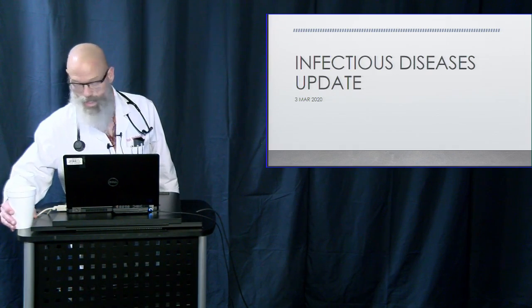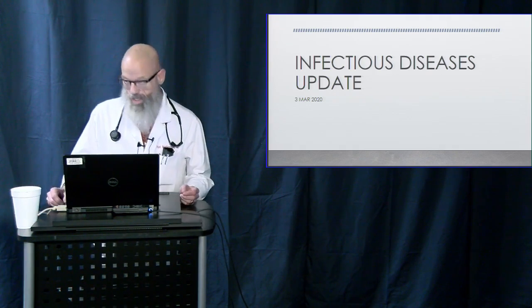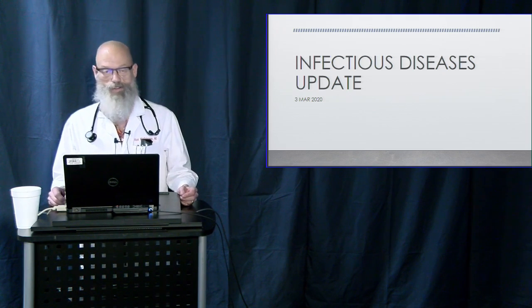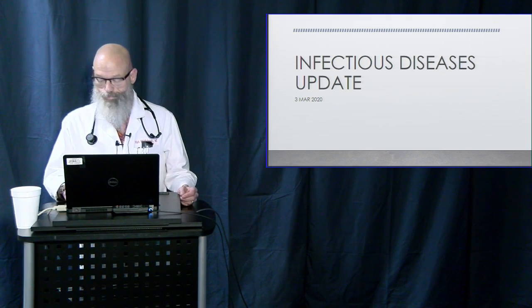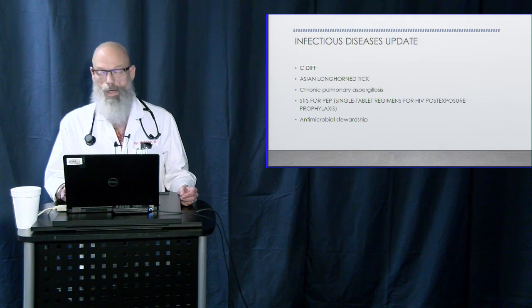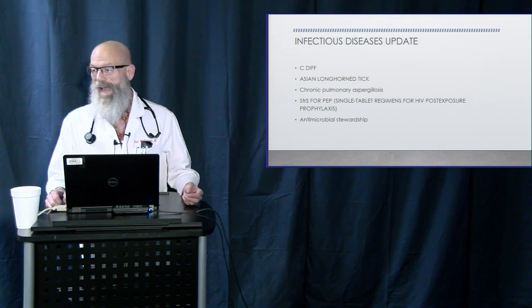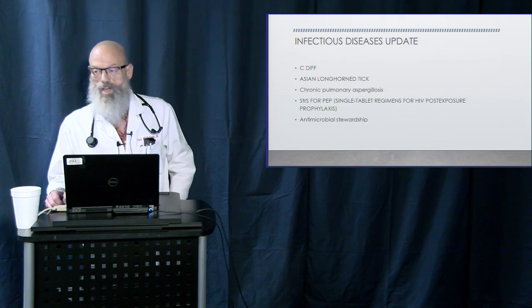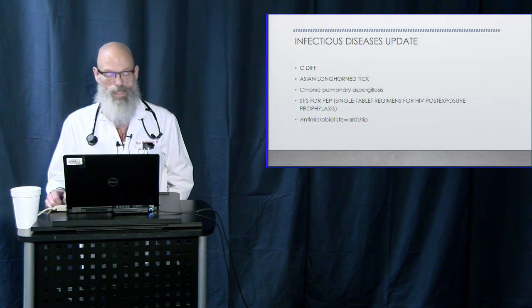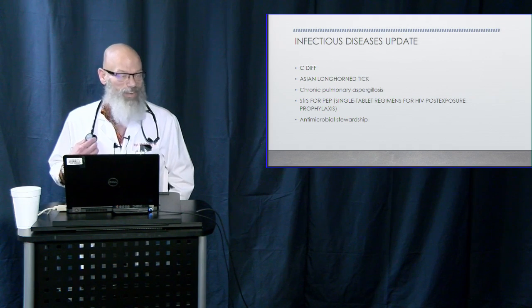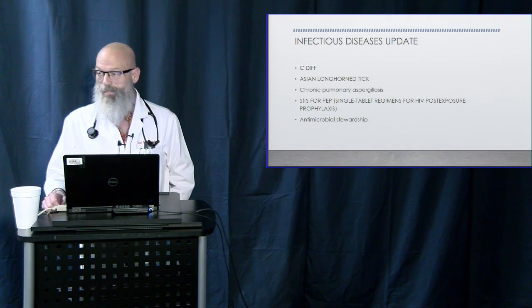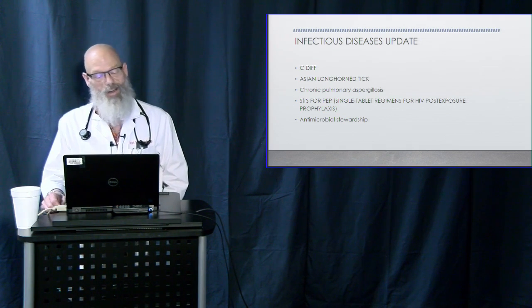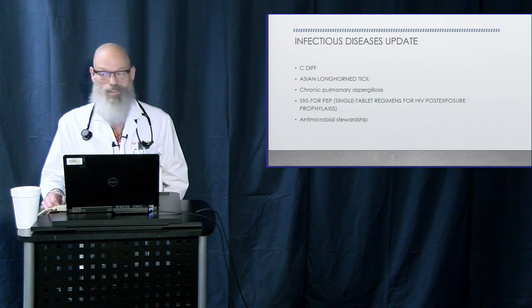All right, when Lisa asked for an infectious diseases update sometime calendar year 2000, I started looking at potential topics. C. diff is always a good topic, and there's always something new about C. diff. I found an article on the newly arrived Asian long-horned tick and thought that at some point it might be fun to discuss a new potential vector.